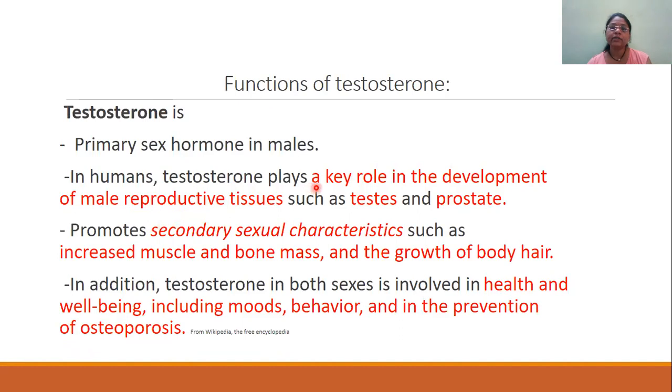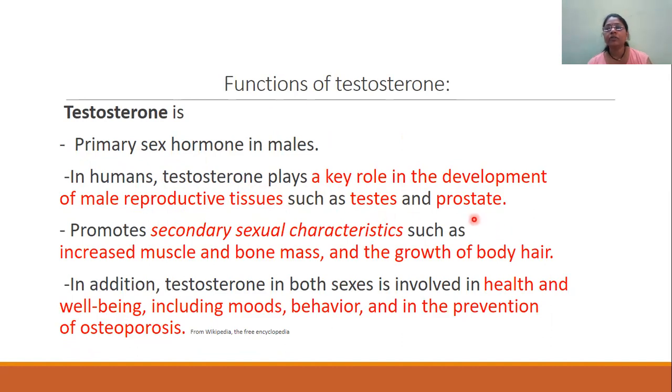So now we will see briefly the different functions of testosterone. Mainly, testosterone is called a male hormone, and it is the primary sex hormone in males. In humans, testosterone plays a key role in the development of the male reproductive system, that is, the testes and prostate.